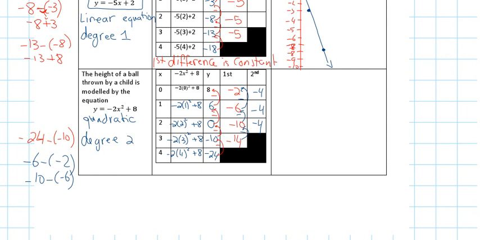The second difference is constant. And that's going to be true for all quadratic functions. Okay? So, linear function, first difference is constant.